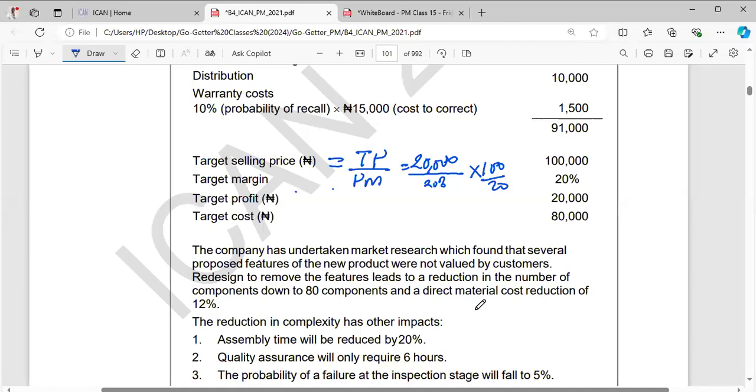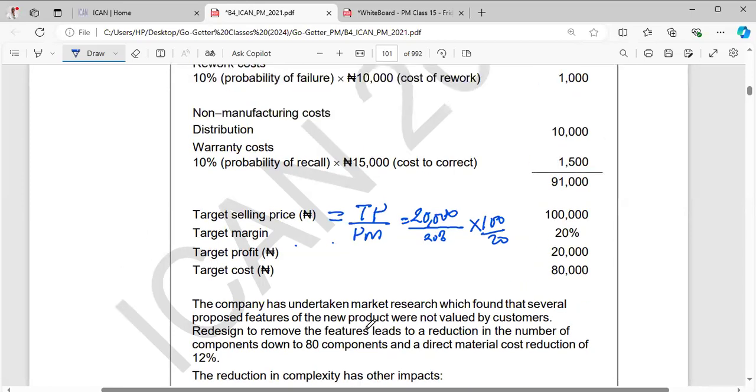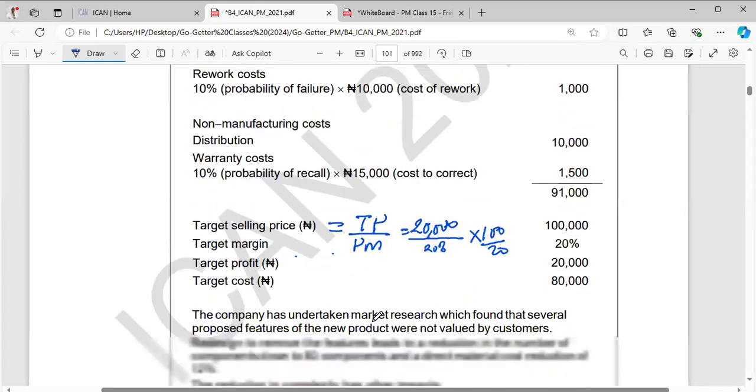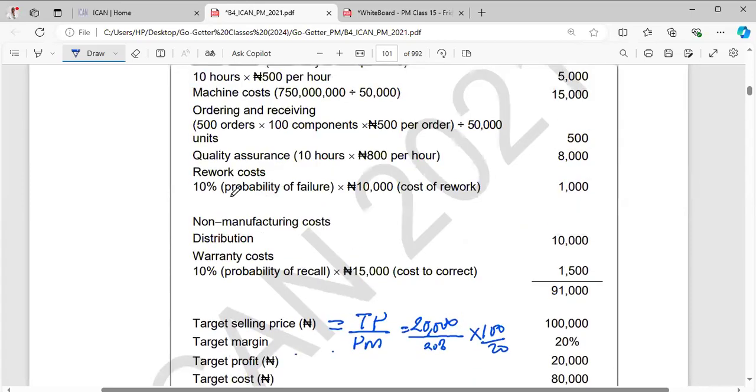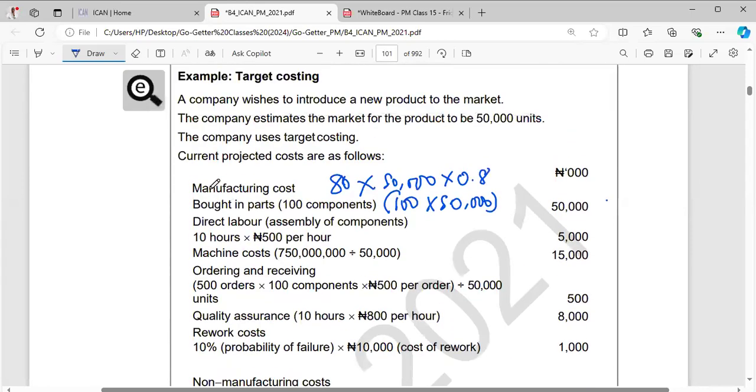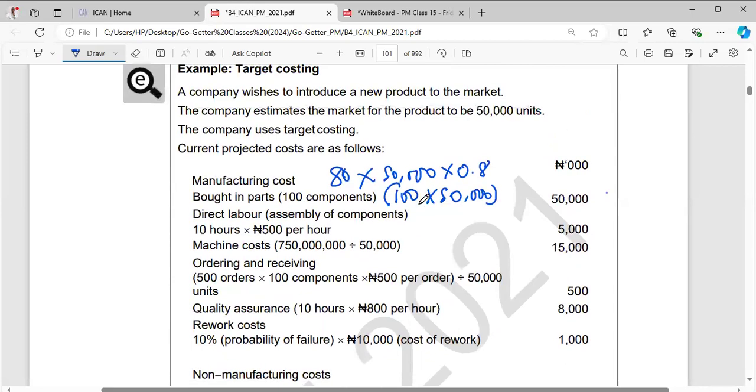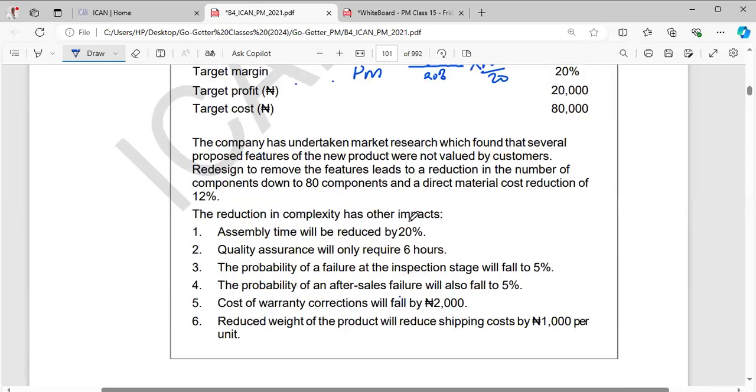So you take them line by line, line by line. So what I will even say is that you will go to the first cost, let's say manufacturing costs, and now look at it. Is there any additional information that hampers on the manufacturing cost?